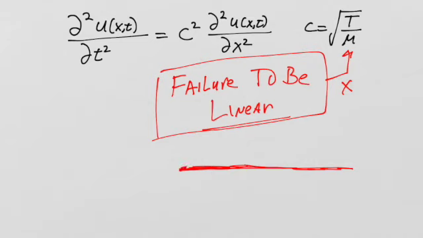For example, if it changed in a very linear way, you might be able to figure something out. But if it changes in some random weird way, you're doomed. Well, this technique is doomed. Of course, you can figure these things out, but this technique is doomed. And the tension, of course, has got to be constant while the string is in motion. If the tension changes, then the dynamics of the system change.